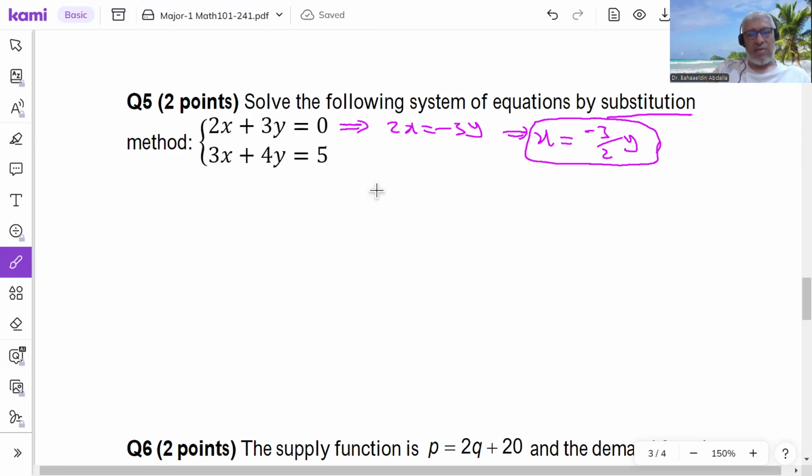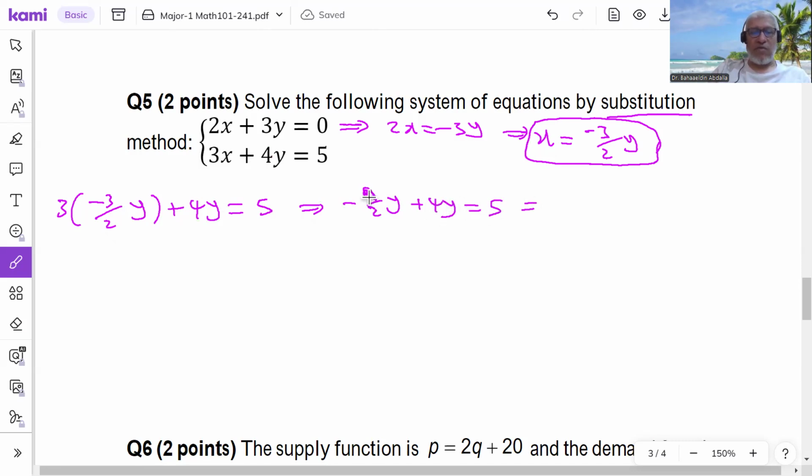Now I can take this value of x and substitute this value into the second equation. Then I'll have one equation in one variable. I can solve it and find the answer. So this is negative 9 over 2 y. Negative 9 over 2 is negative 4.5, plus 4, so it's negative half y equals 5.